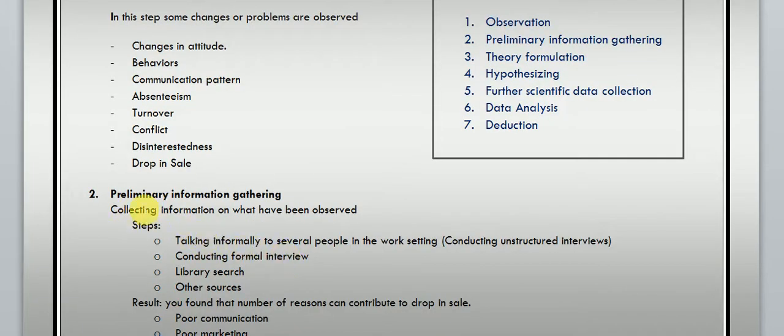How do you collect information? Here are a few steps you have to go through.